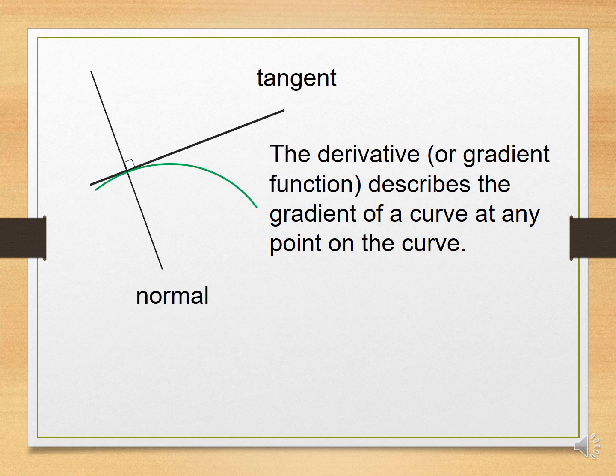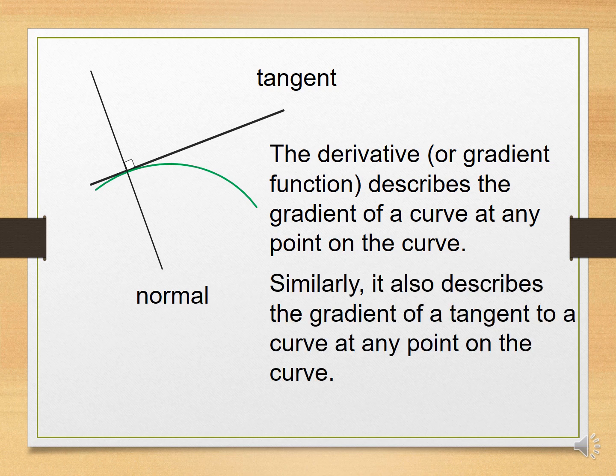The derivative or gradient function describes the gradient of a curve at any point on the curve. If we want to find the derivative, it means we are finding the gradient of a curve. Similarly, it also describes the gradient of a tangent to a curve at any point on the curve.